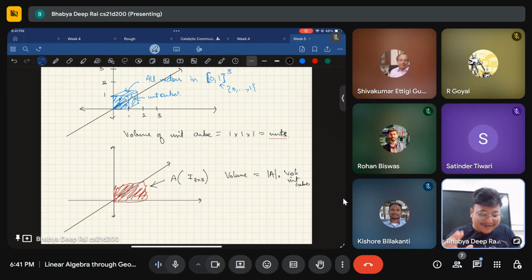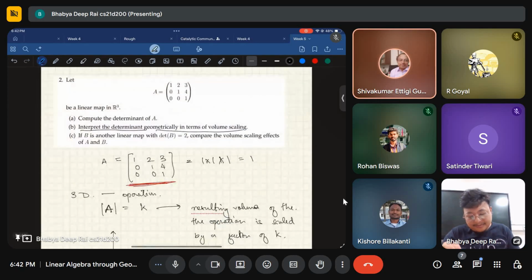But all I want to say is this fact: the new volume is the size of the determinant times the volume of the original unit cube. In this case, the determinant of A is 1, and the volume of the unit cube is, of course, again 1. So the new volume is still 1.